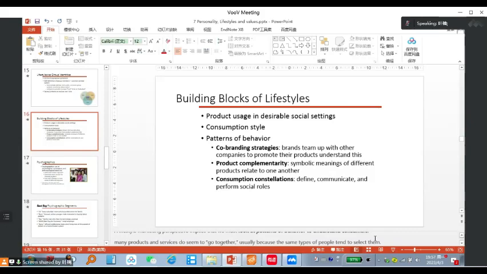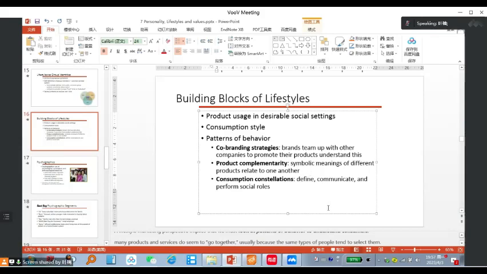Many products and services do seem to go together, usually because the same types of people tend to select them. So there are co-branding strategies, where brands team up with other companies to promote their products. Or they use product complementarity, where the symbolic meanings of different products relate to one another.